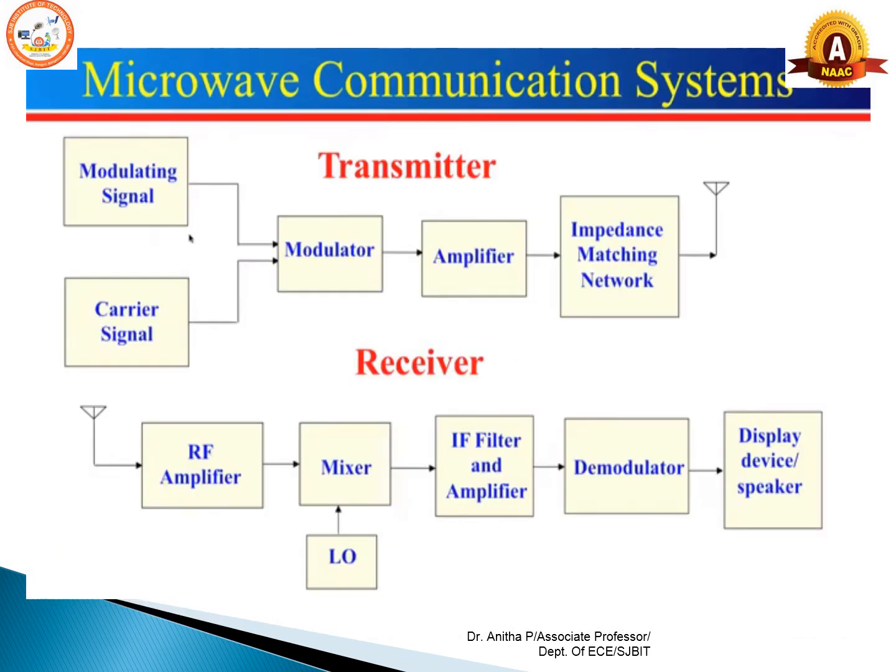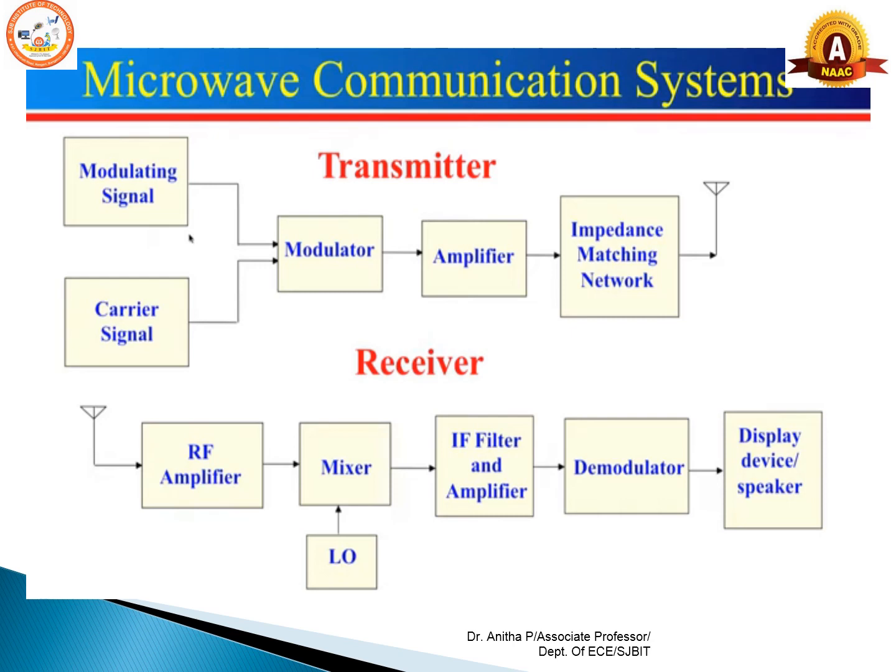So if you look at the general theory, any microwave communication system has the following blocks. At the transmitter end, as you can observe, the baseband signal must be combined with a carrier, that is, you modulate your baseband signal with a carrier signal using different types of modulation, as you have learned.